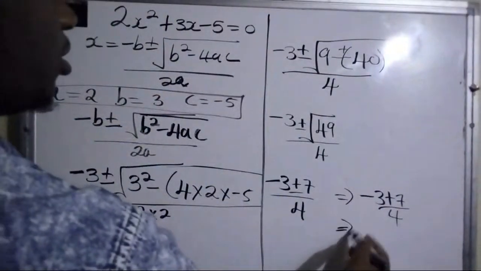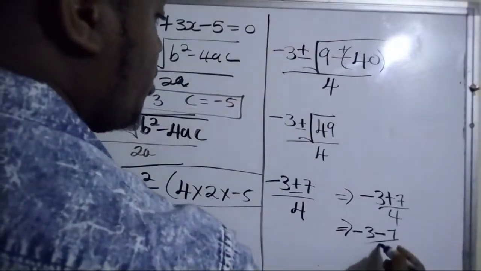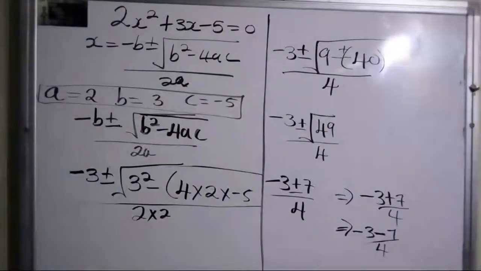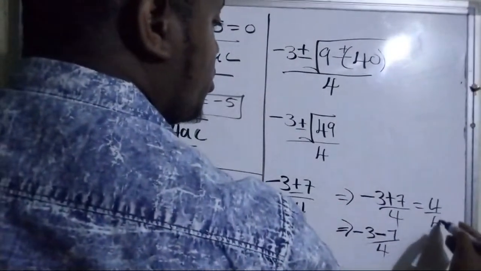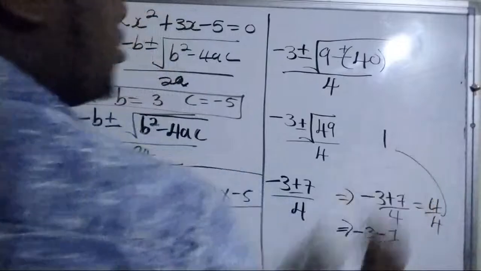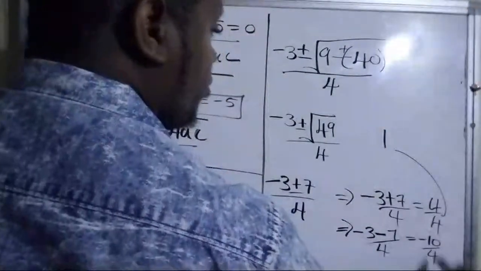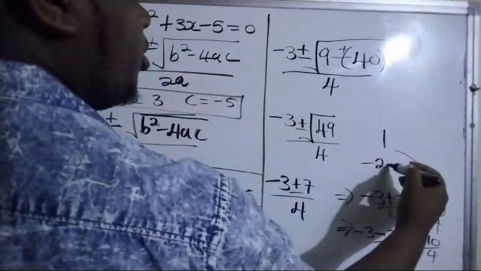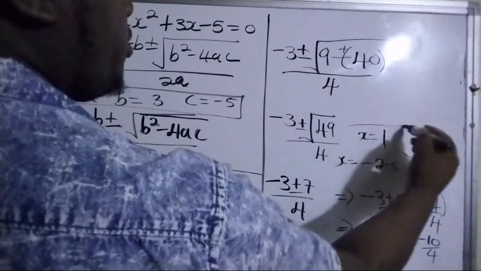Second solution, negative 3 minus 7 over 4. Alright? So this now becomes positive 4 over 4. So I see where you got the 1. Very good. And then this now becomes negative 10 over 4, which becomes negative 2.5. So it's two answers. X is that. You guys learn so fast.